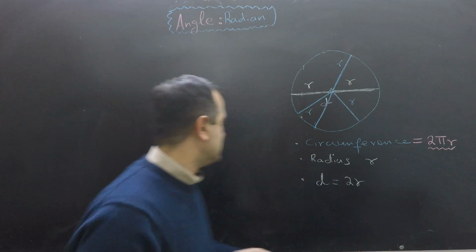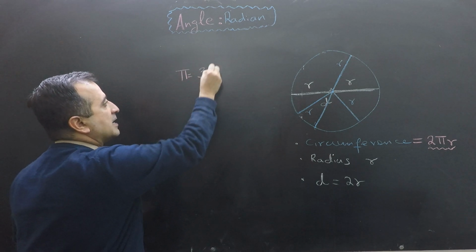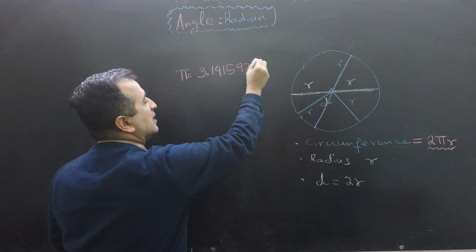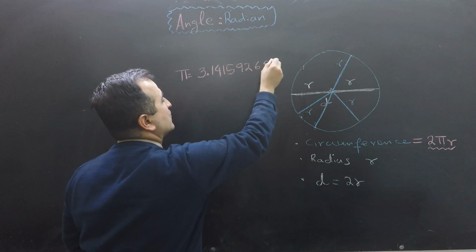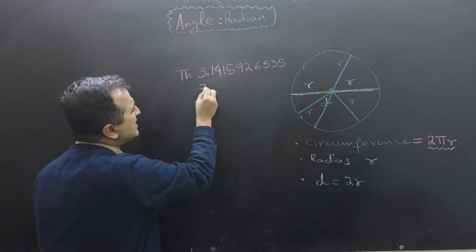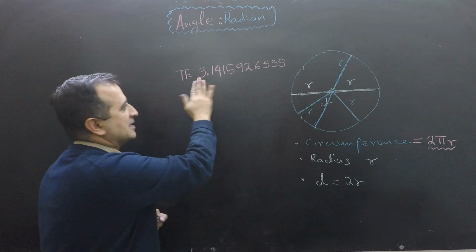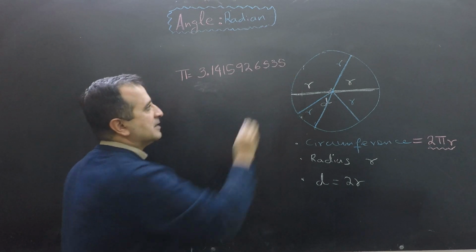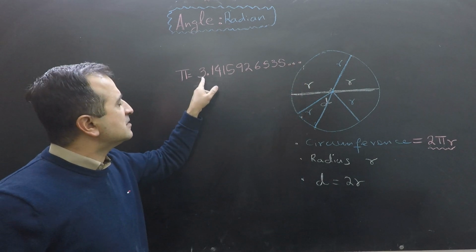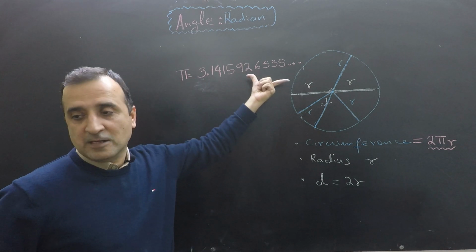So pi is equal to 3.14159265358979, I think, or I forget afterwards, but I think this much is correct. Then pi continues forever, it's just 3.14 and then continues forever, and it doesn't repeat itself, right?